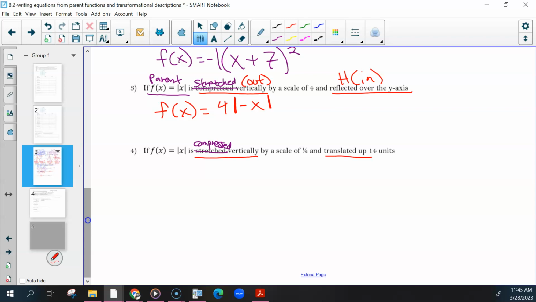So this already tells us it's vertically, so is that inside or outside? Would a vertical compression be something on the outside or something on the inside? And then if it's translated up 14 units, would up be vertical or horizontal? Vertical. So would that be inside or outside?